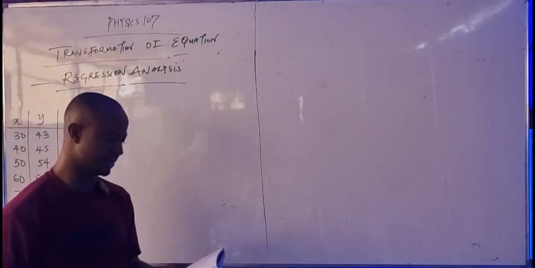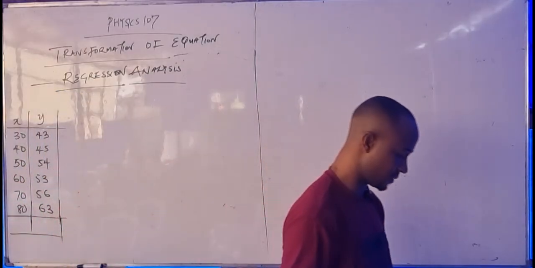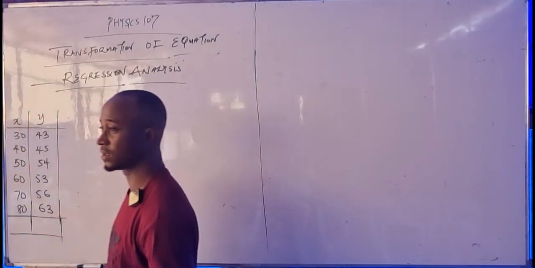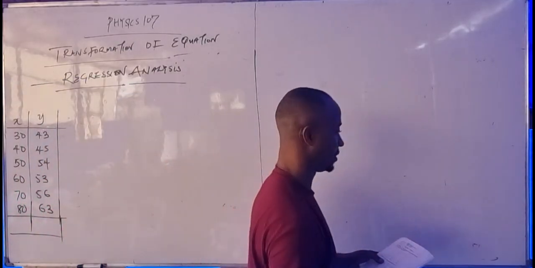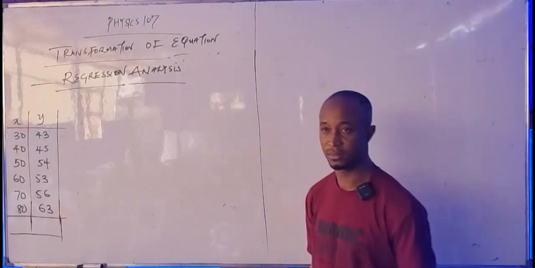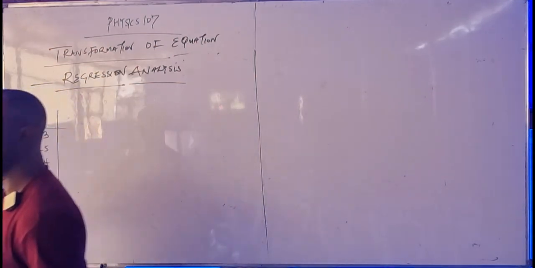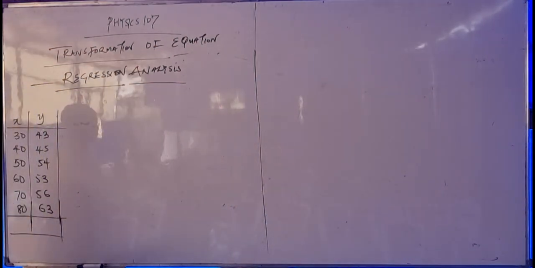For instance, find the line of regression or line of best fit. Find the line of best fit or line of regression for this experiment by plotting the graph of y against x.